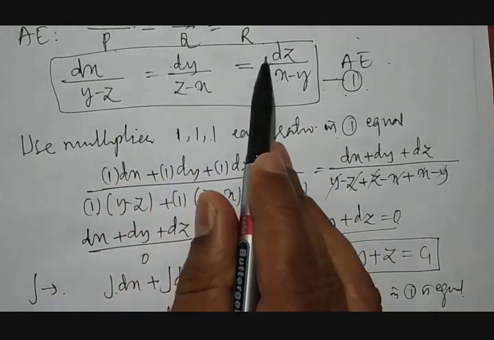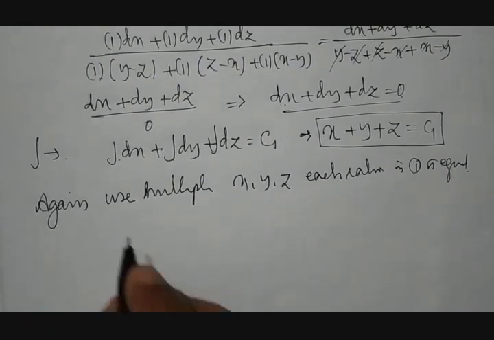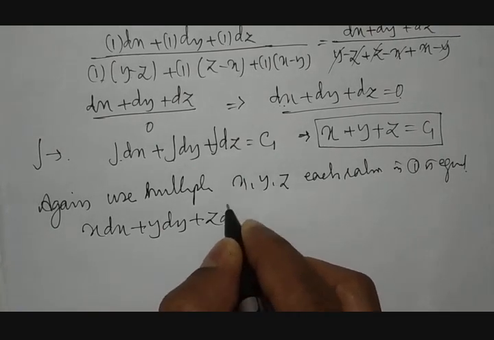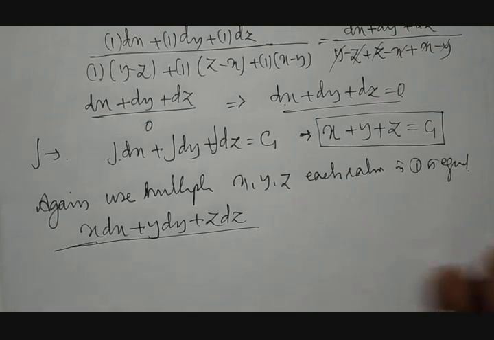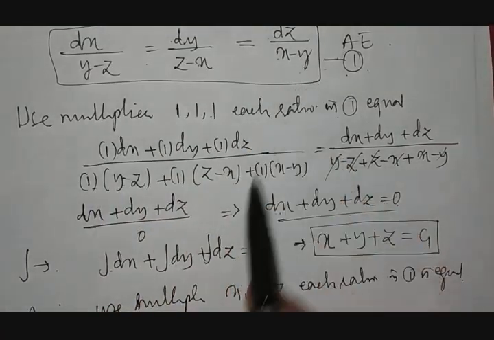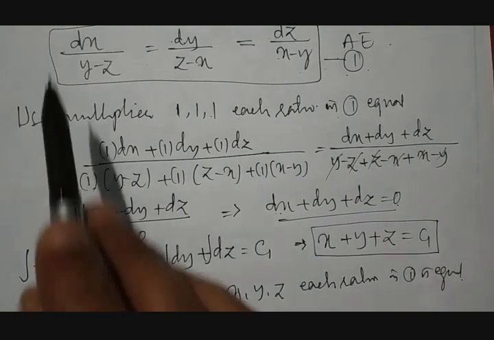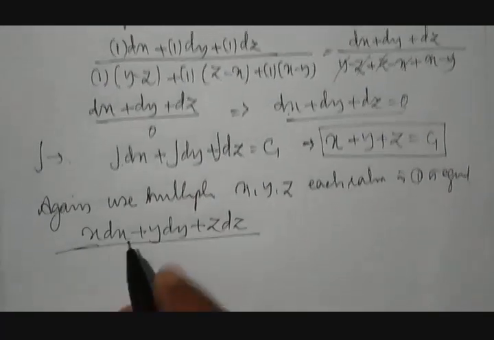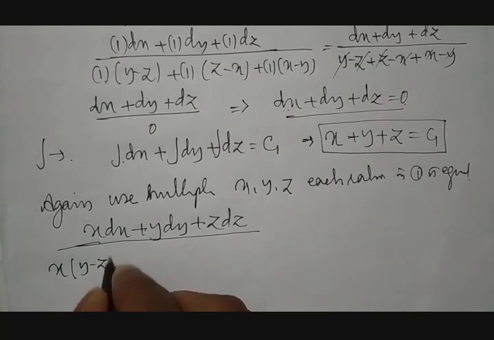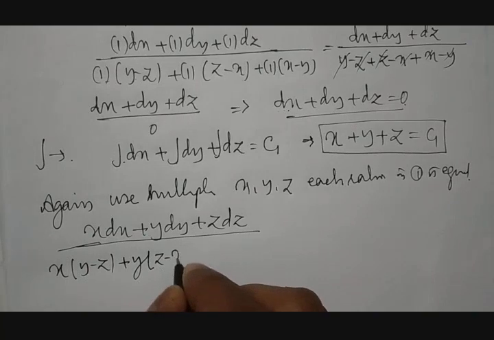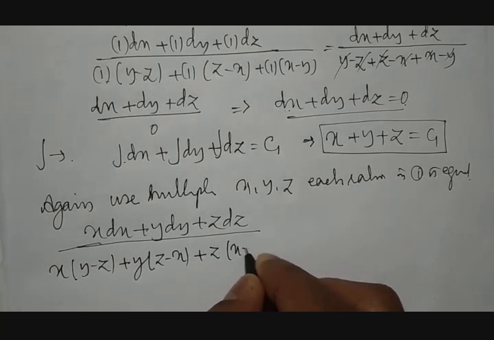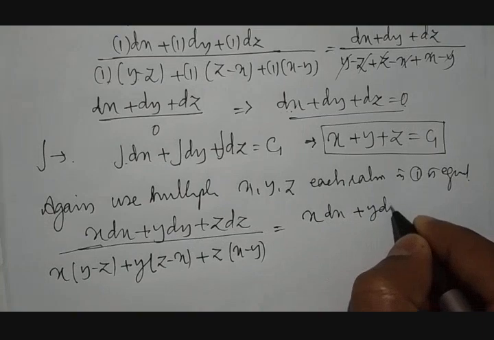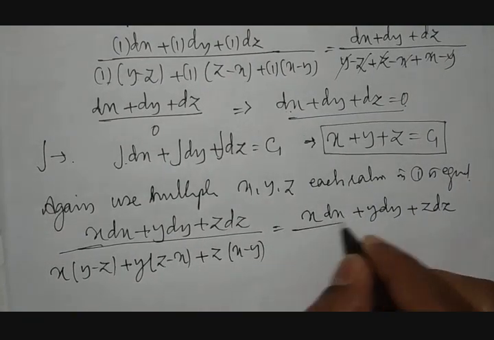Therefore, the numerator becomes x dx plus y dy plus z dz, divided by the denominator, which is also added with respect to the chosen multipliers: x into the first term, that is y minus z, plus y into the second term, that is z minus x, plus z into the third denominator.